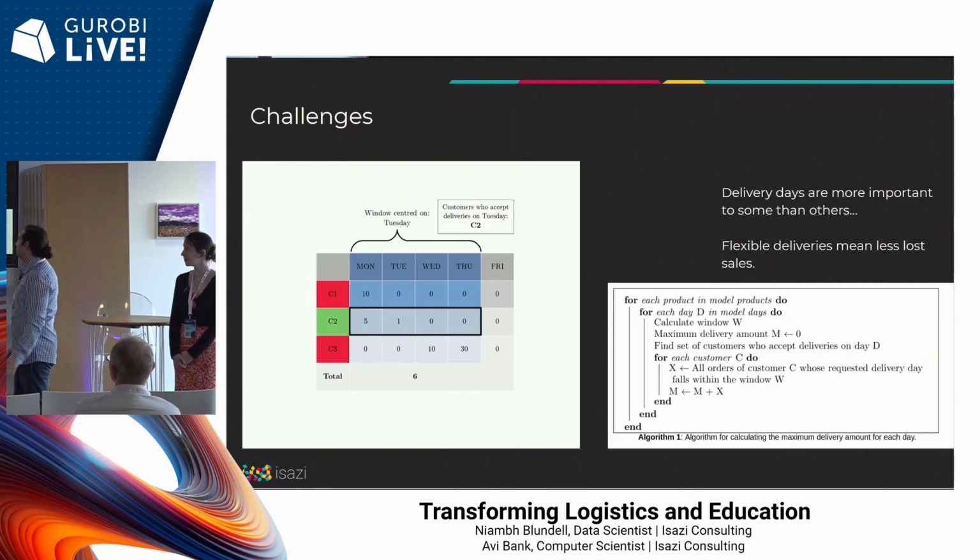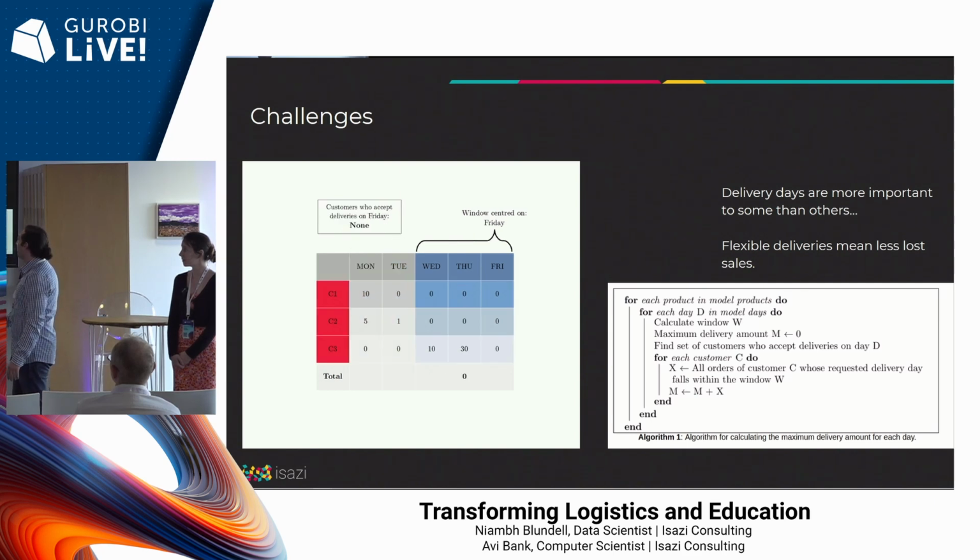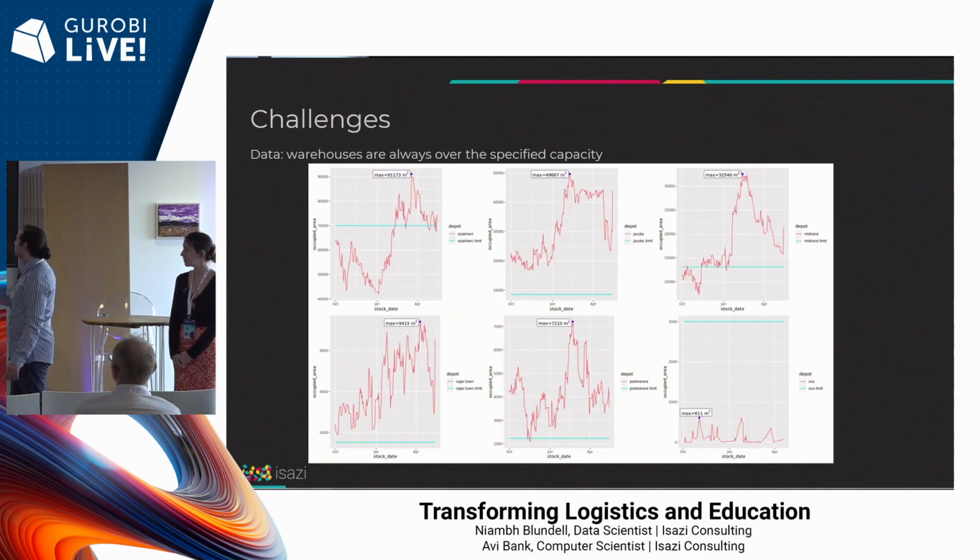This is a bit mathematical, so I don't know if I'll get into it. Another thing is they gave us warehouse capacities, and when we examined the data, we could see that always the max area taken up by the stock was way above this blue line, which is the supposed maximum capacity of the warehouse.